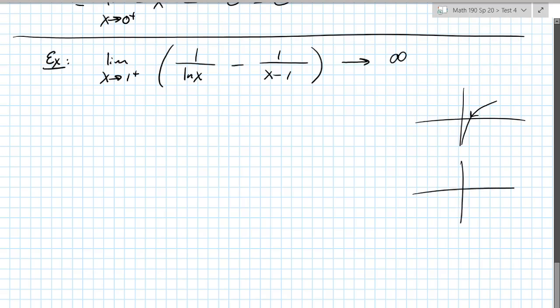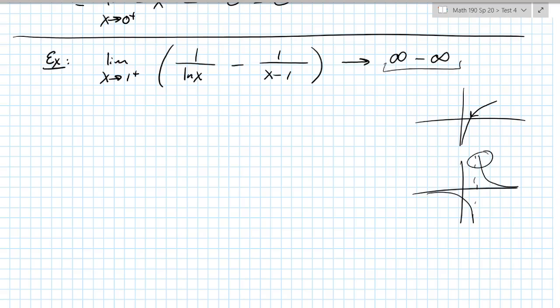And then the next one is shifted to the right, and 1 over a little bit larger than 0, so another positive infinity. Infinity minus infinity. Since this is indeterminate form, we can't determine an answer from this step. We have to do more work.